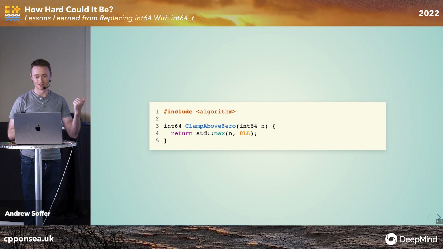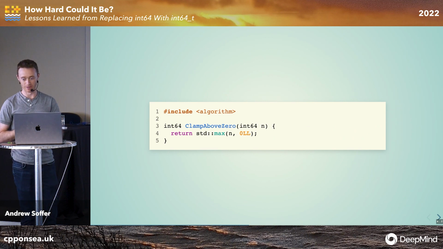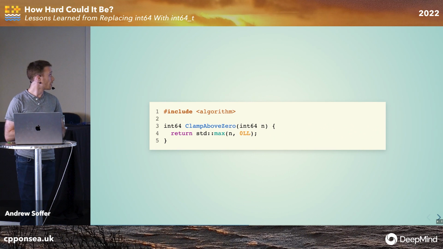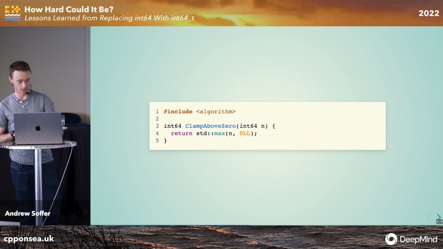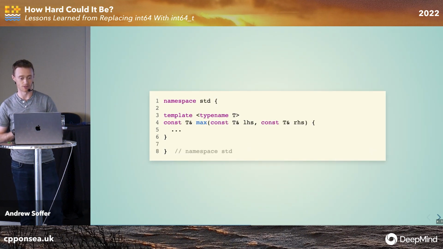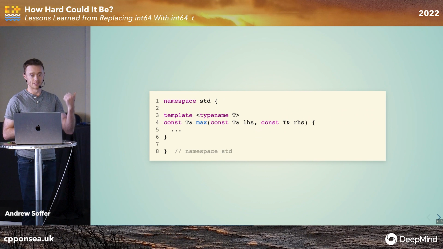So as it turns out, when we change this to be an alias for long, this is going to stop compiling. It's not obvious why this is going to stop compiling by looking at this slide. You actually need to understand something about std::max and how it does type deduction. So let's look at what the standard library says about std::max. This is what an implementation might look like.